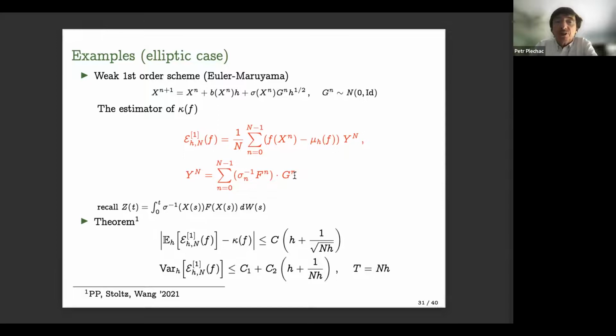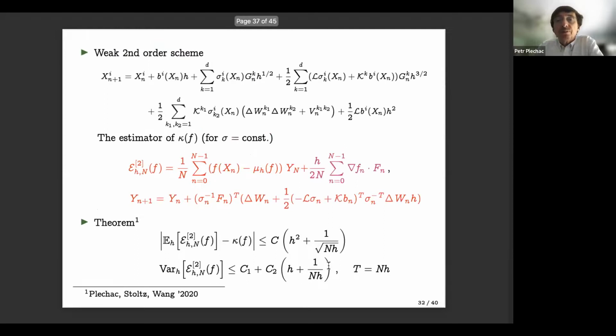You just take a discrete version of the process Z, and that defines the reweighting process Y, and the result is what you would expect. The bias is of order 1, and the variance is constant in time, and it also has the order h, as in the case of the discretization error for the statistical.